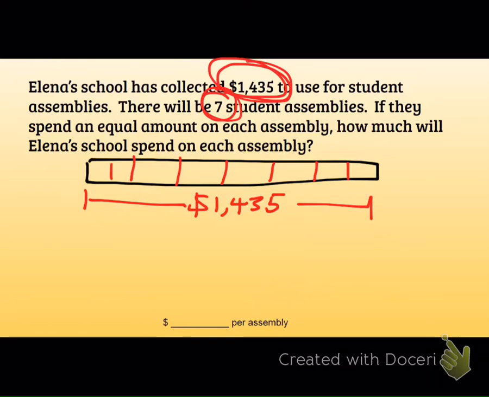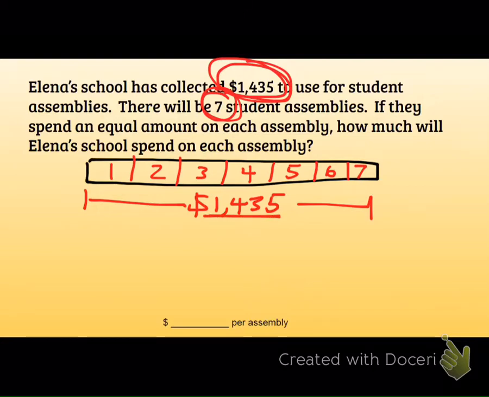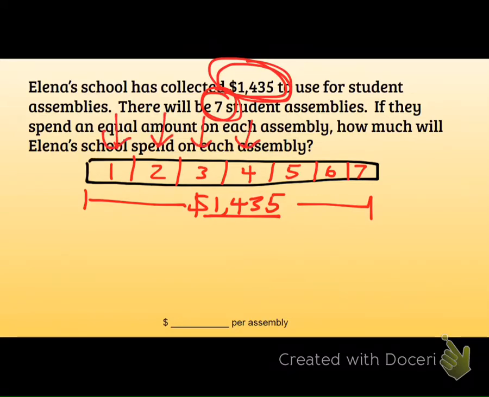I know they're not equal, but that's okay. It's just to represent the number of assemblies that we're going to have. And in those 7 assemblies, they're going to spend this amount of money. So how much is each assembly? Each individual assembly is going to be the same amount, as it says right there, equal amount.